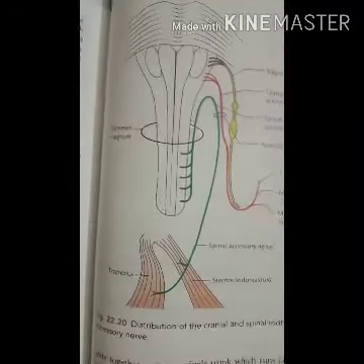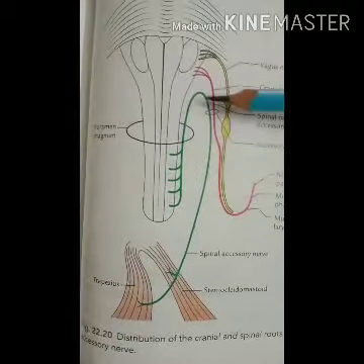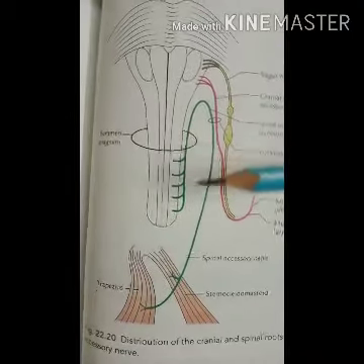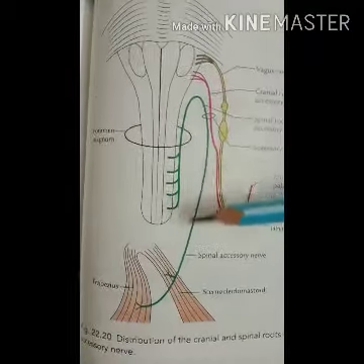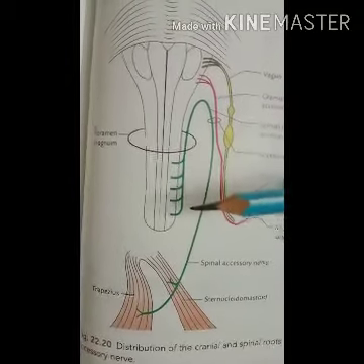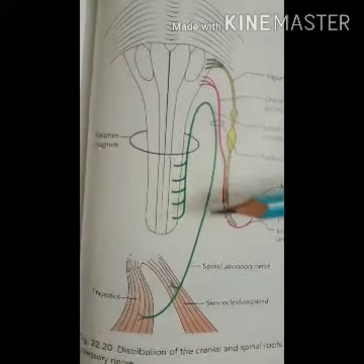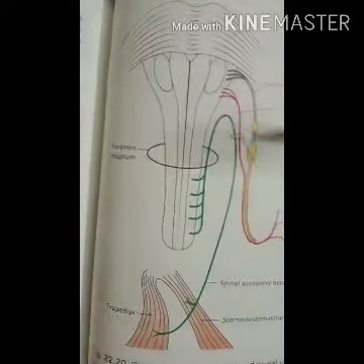After that, let's see the lesion of the spinal accessory nerve. It may be damaged by a fracture of the base of the skull through the jugular foramen, a stab wound, or during surgical removal of the cervical lymph nodes.